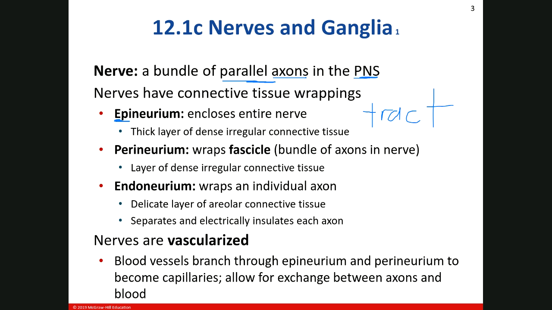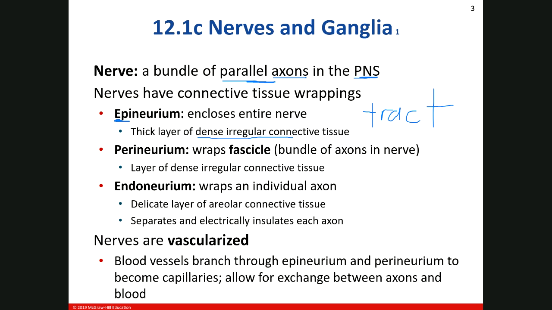The epineurium is made up of dense irregular connective tissue. That has kind of a structural component to it. It adds somewhat of a protective covering to the nerve, but it also gives that nerve a little bit of structure, so it's not just flip-flopping all over the place.